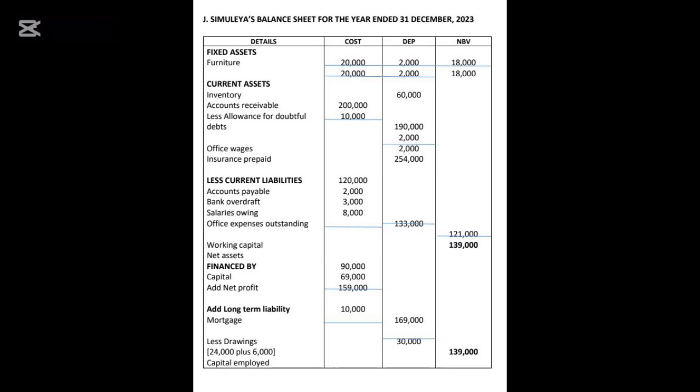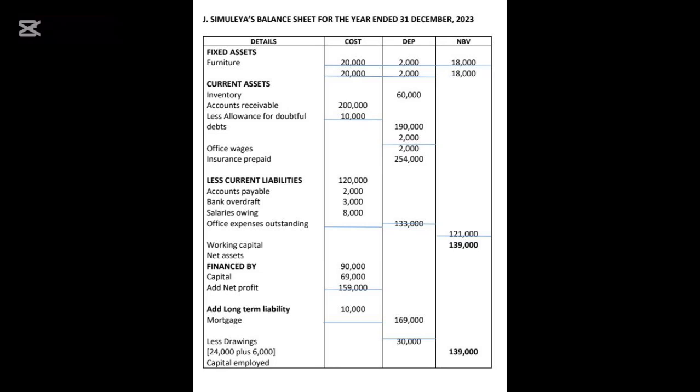You also include it there. If you add the amounts, you should get 133,000 kwacha. You deduct it from the total current assets, which should give you 121,000. This 121,000 is what we call the working capital.